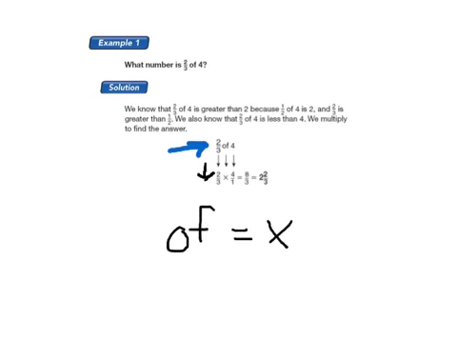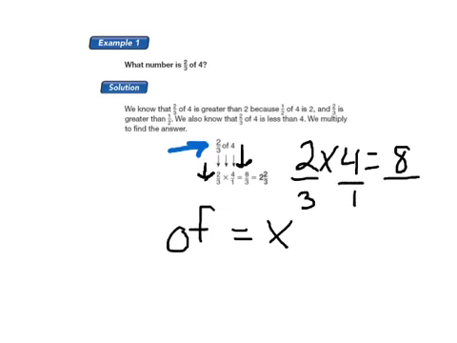Whenever you see the word of, you're going to multiply. Remember that, that's important. Okay, and then our whole number 4 comes down into 4 over 1. So I have 2 times 4 equals 8. 3 times 1 equals 3. So I have 8 over 3, or 8/3, as my fraction.